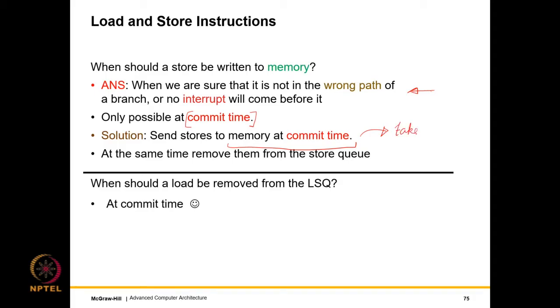So this is clearly happening in program order, right? So there is no doubt about it, and that's when it takes effect. At the same time we remove the entry from the store queue as well. It's not required anymore. With the store queue, all that it was doing is essentially providing temporary storage, right? Which in itself is an important service, no doubt.